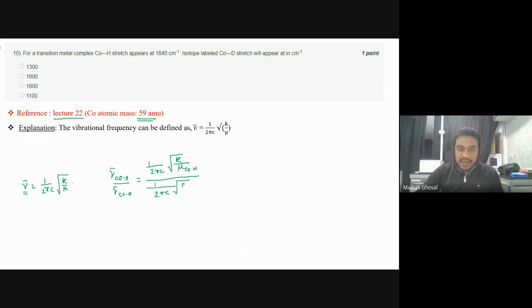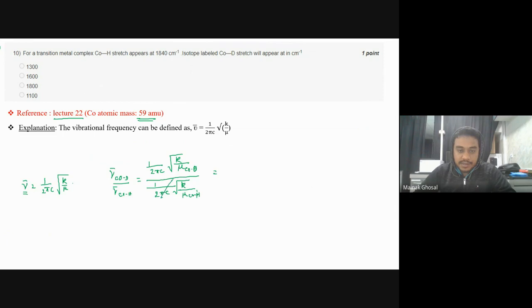I can write it as k by mu COH or COD. This is a mistake I have written; this should be k by mu COD. Sorry, this will be D, and this would be H. Okay.